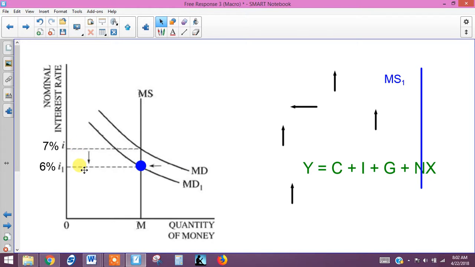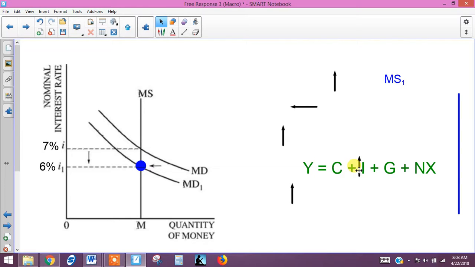So this is the trickiest part. Now when we think of a price level, we're not thinking from the perspective of the investor buying the bond. We're thinking of the perspective of a firm that wants to borrow money in order to invest and expand. So when the interest rate drops, that's going to mean more investment.